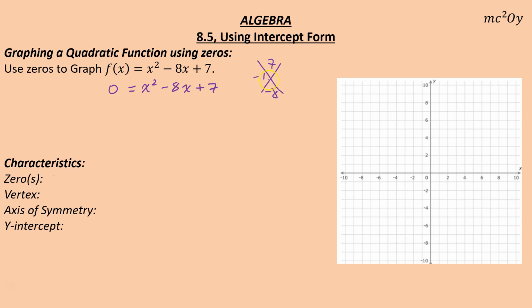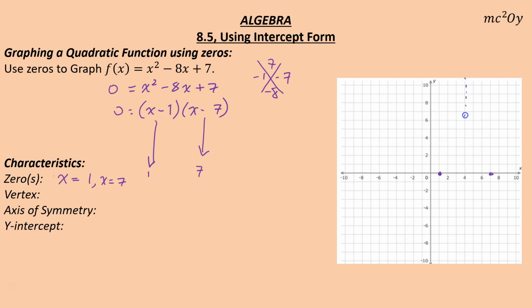So that would be negative 1 times negative 7. So I get x minus 1 and x minus 7, which ends up giving me zeros of x equals 1 and x equals 7. Okay, so 1 and 7.